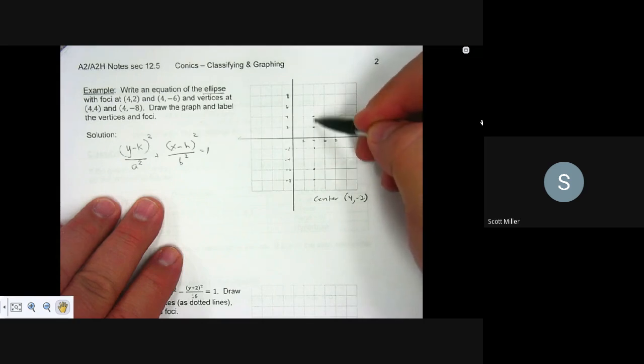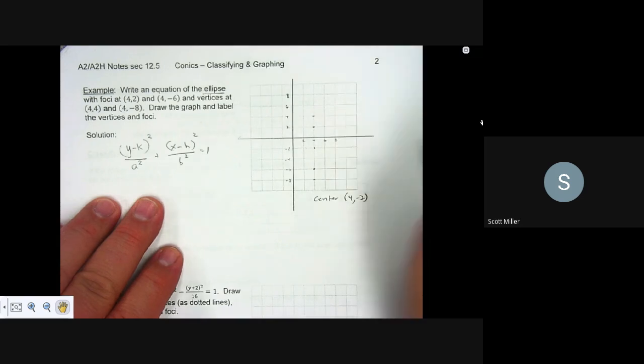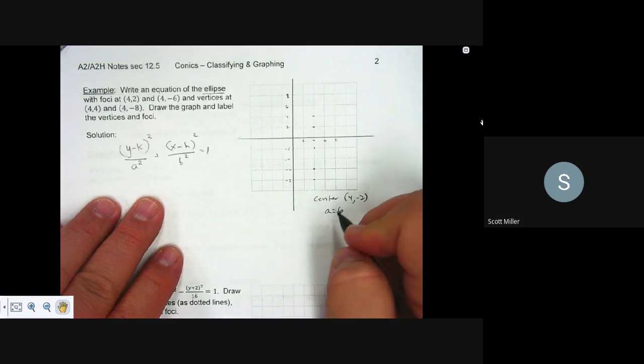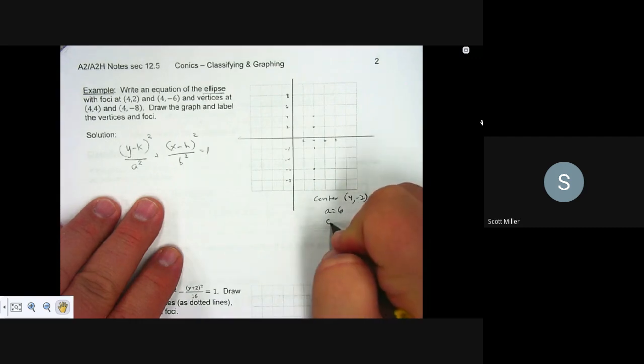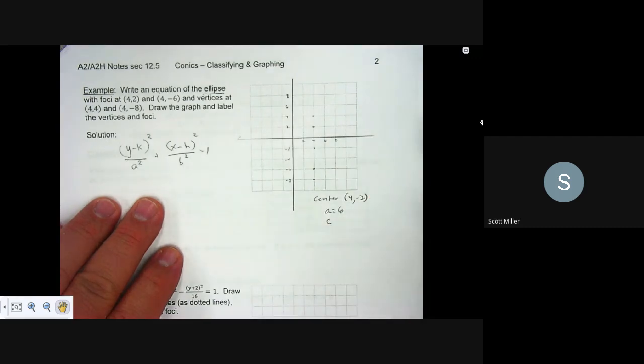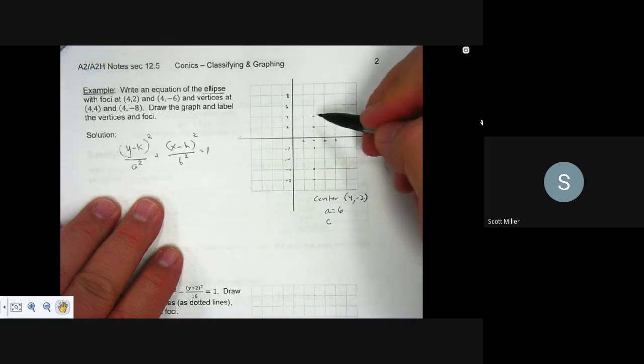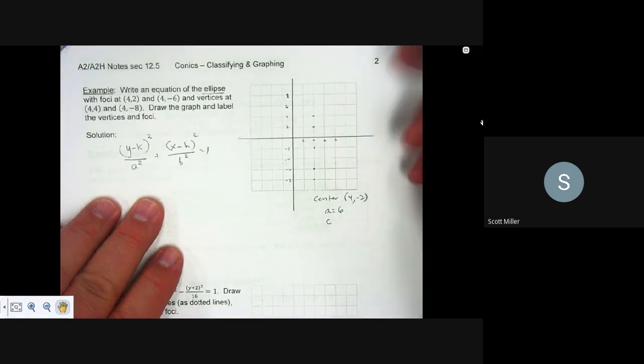Remember, this is the vertex, this is the center, and A is the long distance. So that is 6. We can also find C. C is the distance from the center to the foci. And so that is a distance of 4.